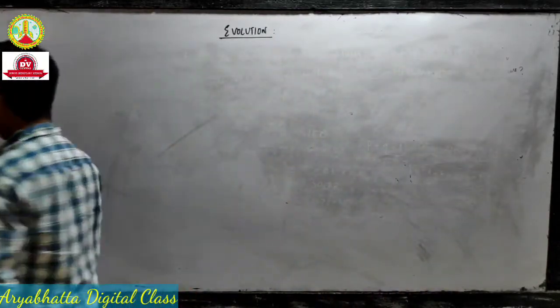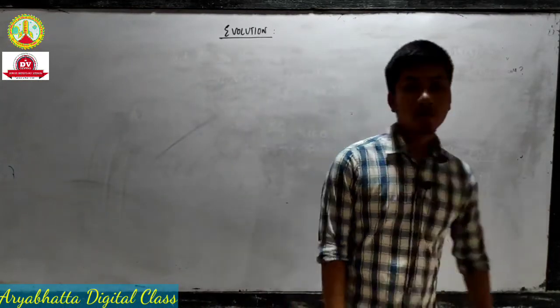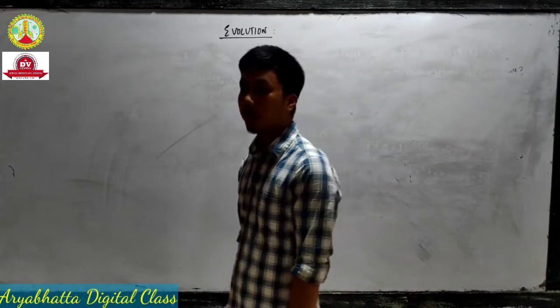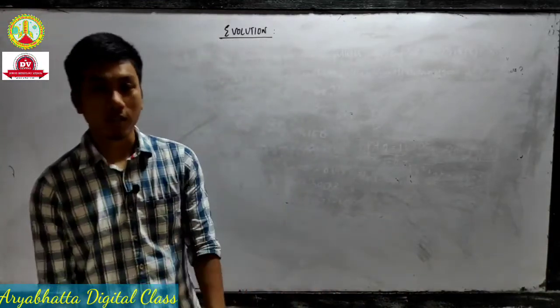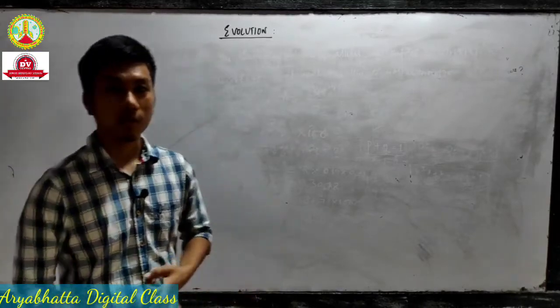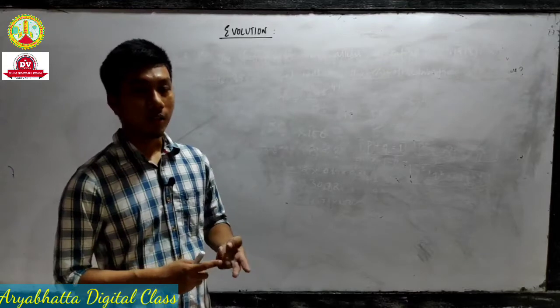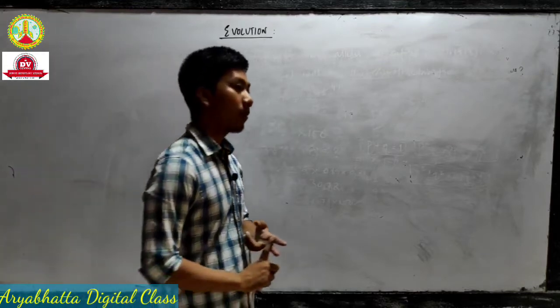Okay. So with this we have completed our chapter on evolution. I hope you all understood. From the next video lecture, we're going to discuss a new chapter, that is biotechnology. So far we have discussed the basics of evolution, the origin of life, then the modern theory of evolution.